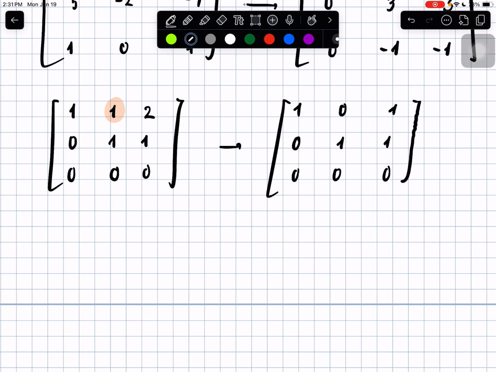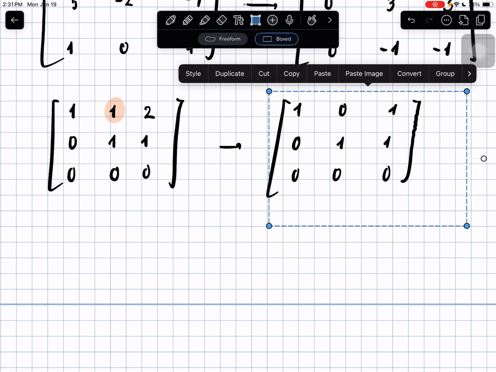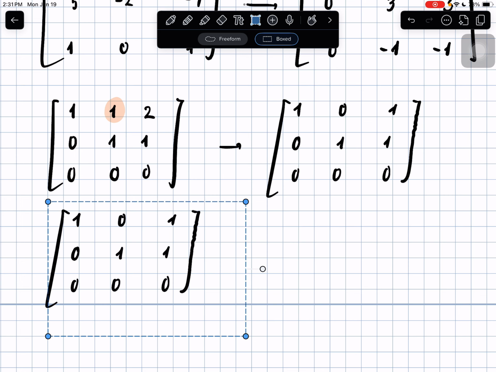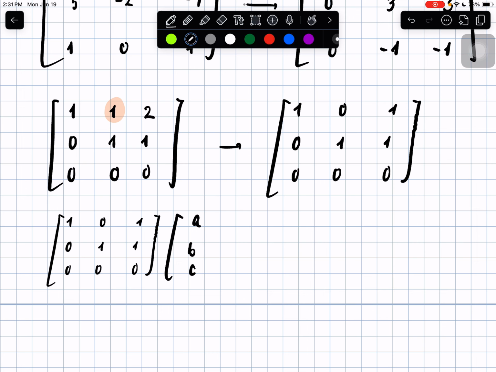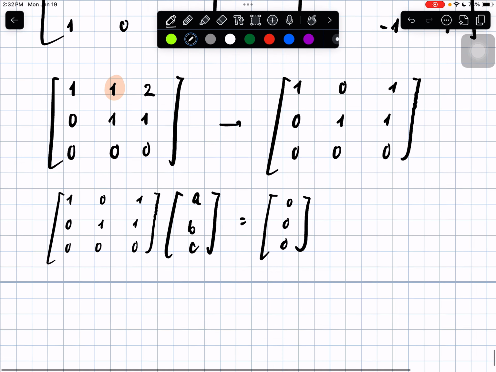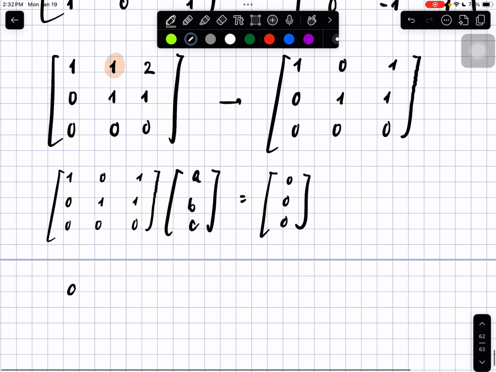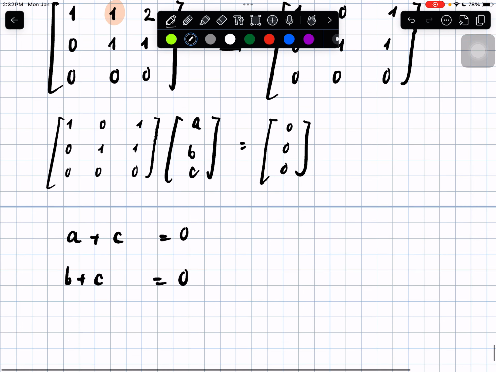We think of that as v, with components a, b, c, equal to 0 here. A plus C is 0, B plus C is 0, and C is free.